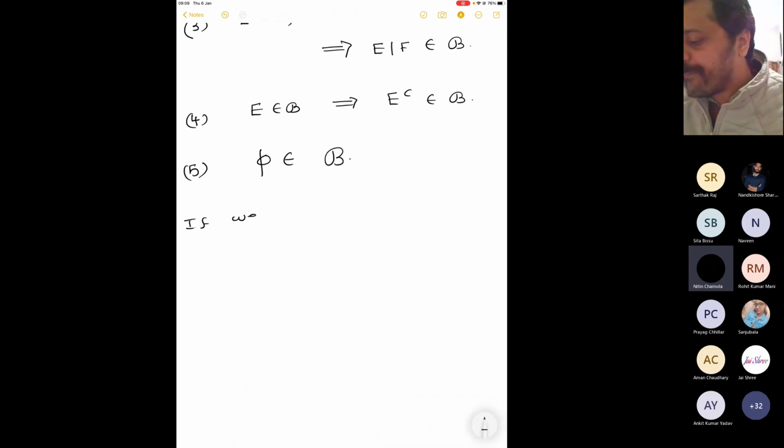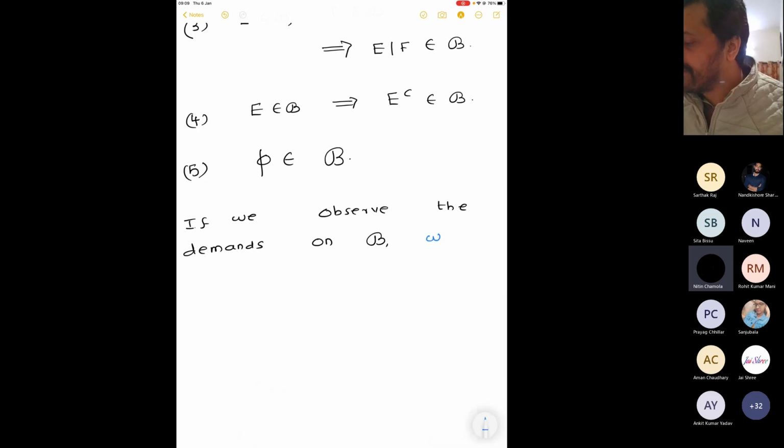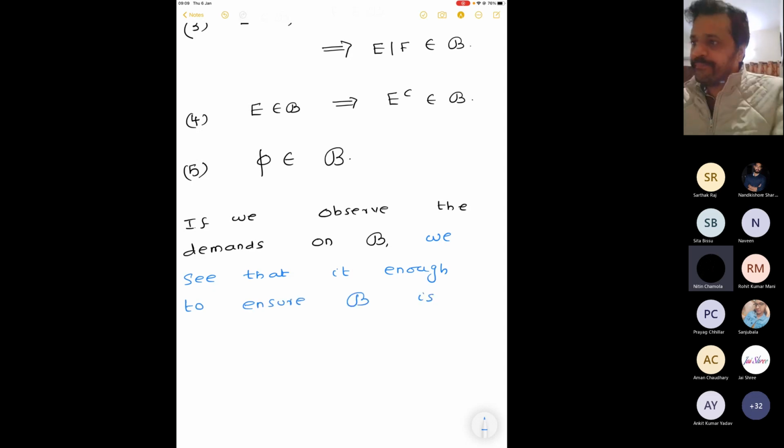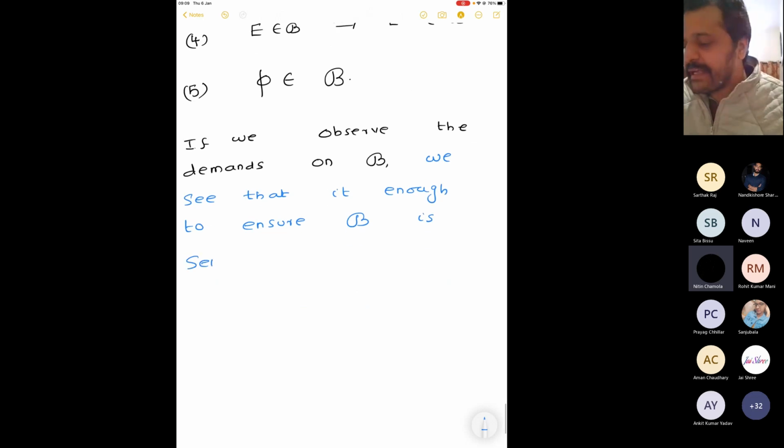If we observe the demands on B, or requirements on B, we see that it is enough to ensure B is self-contained with respect to standard set operations.